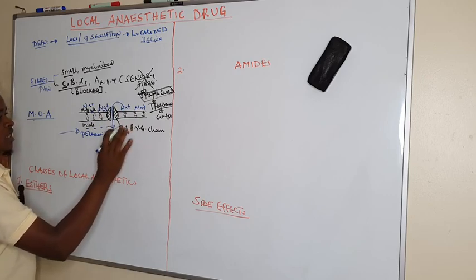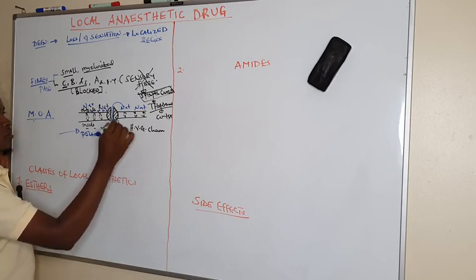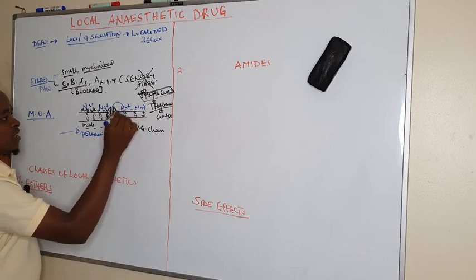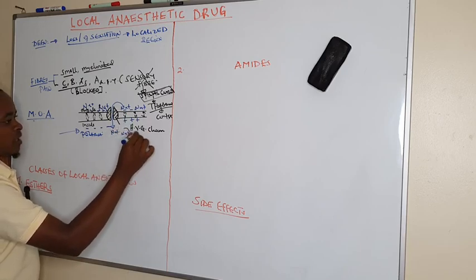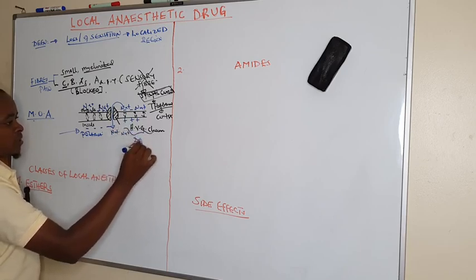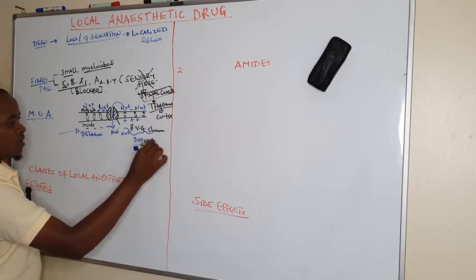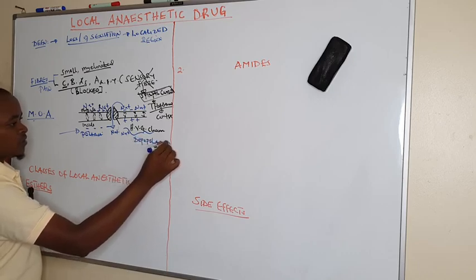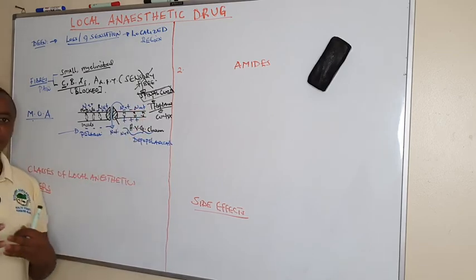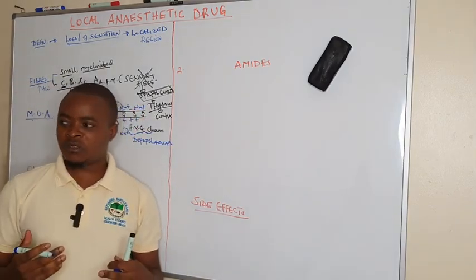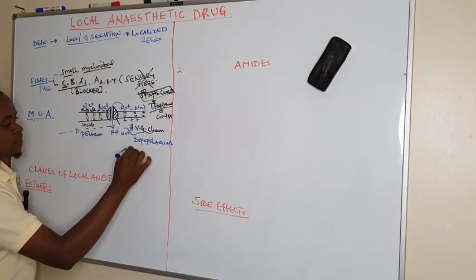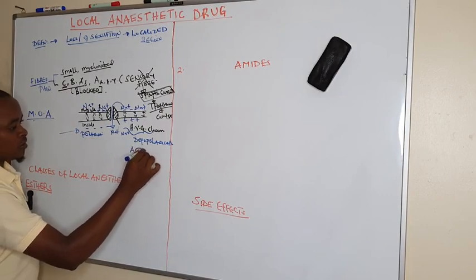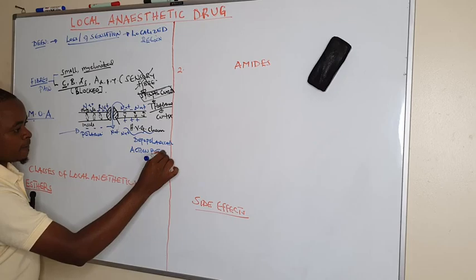When sodium ions enter the cell, the outside becomes negatively charged and the inside positively charged. This is what we refer to as depolarization. When this sums up to reach the threshold, an impulse is fired, or the action potential is propagated.